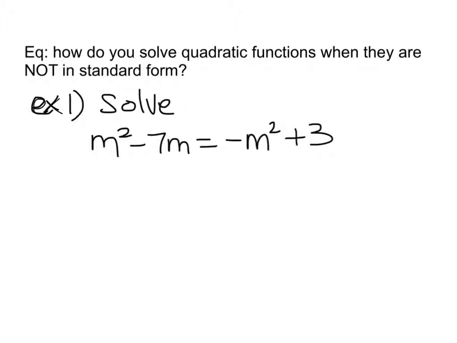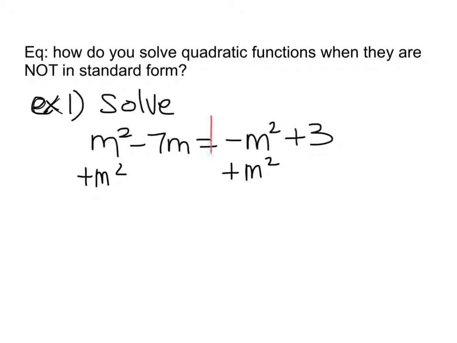In this case, I'm just going to use the quadratic formula because I want us to practice this. All right, so let's go. The first thing we're going to do is add m squared to both sides of the equal sign.